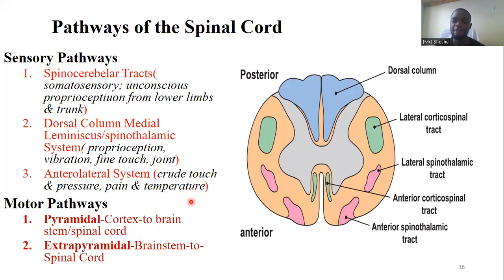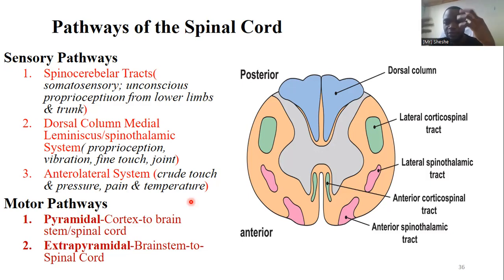Okay. All right. That being said, we can now look at the motor pathways. Now, these are pathways that are going to transport information from the brain to the brainstem, and then to the spinal cord. Remember, we had brain like the telencephalon, diencephalon, then we have the brainstem, then we have spinal cord underneath there.